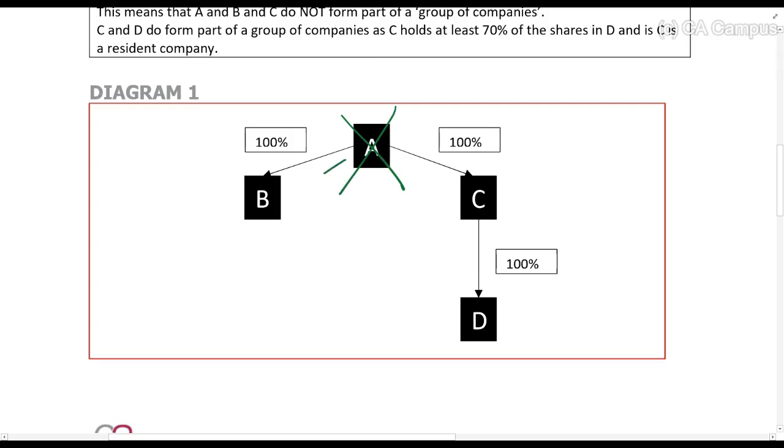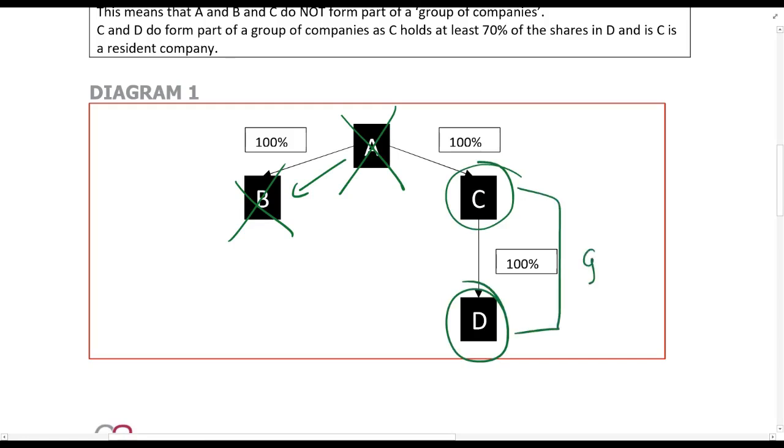So the relationship between A and B can't be because A is already out. The relationship between A and C can't be because A is already out. However, C is a local company, a South African company. It holds at least 70% of the shares in D. So C and D will form a part of a group of companies for the purposes of Section 41. But B and A are completely out of the group.